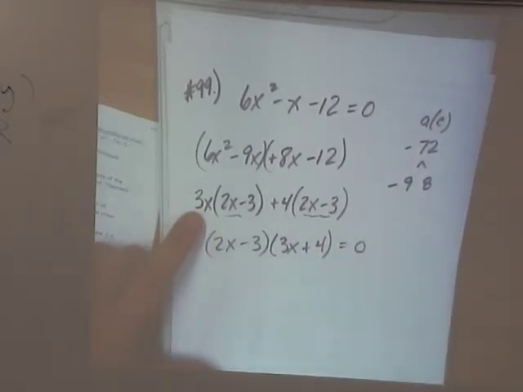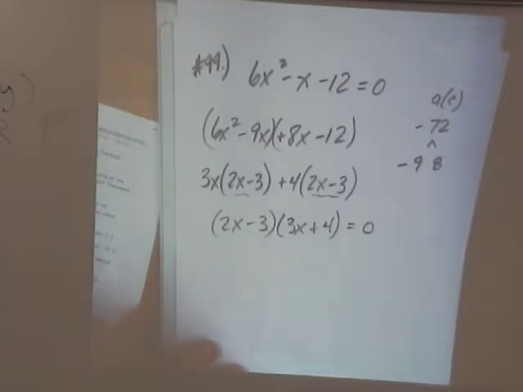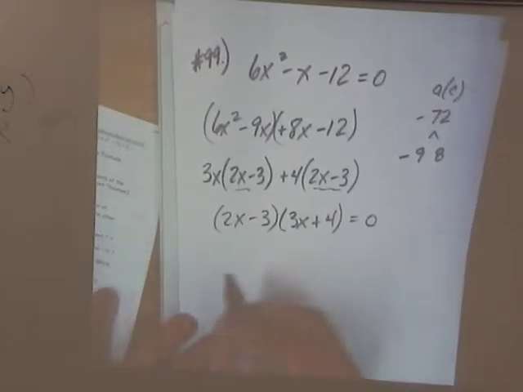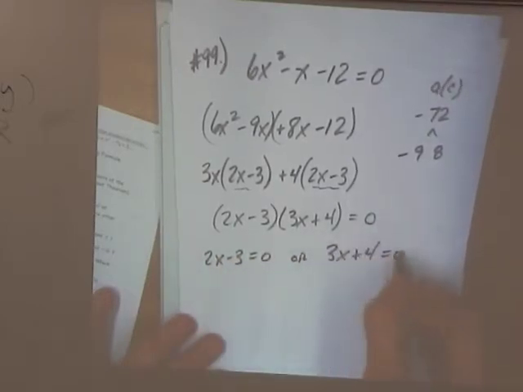All that equals 0. How can I multiply two values and get 0 for an answer? One of them has to be 0, right? So either 2x minus 3 equals 0, or 3x plus 4 equals 0.